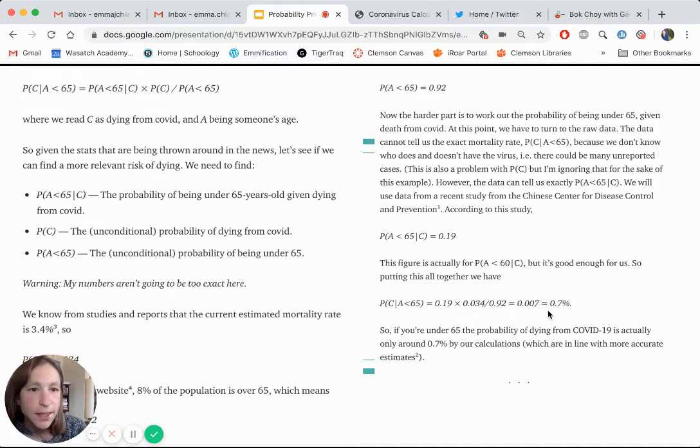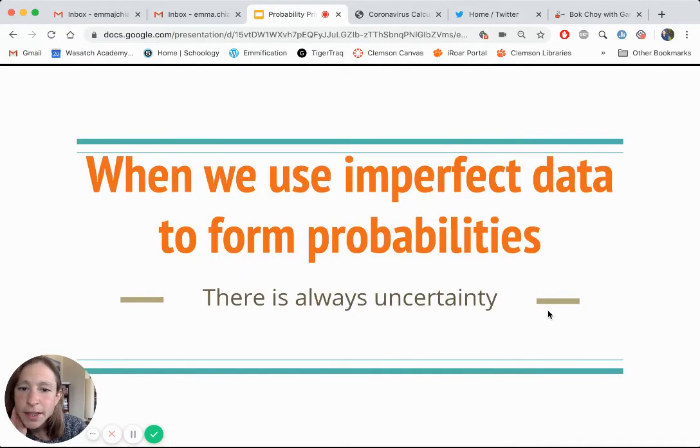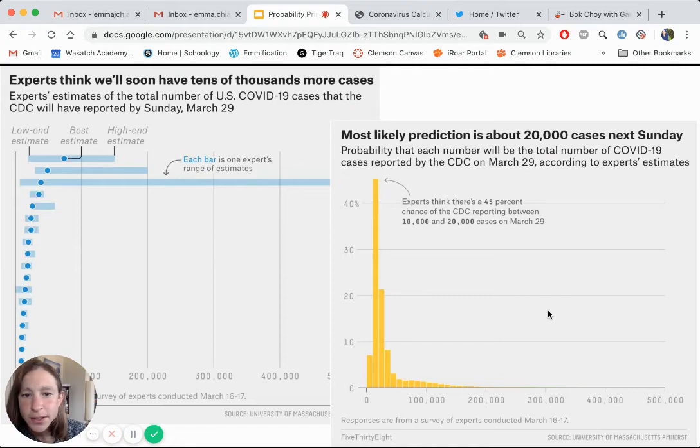If this were over 65, you would end up with something a lot bigger here. So the last thing that I want to talk briefly about is when we make these calculations, we're using imperfect data. We're not actually getting the true probability of dying from the coronavirus. There's always uncertainty. So each bar here represents a different statistician and the estimate that they came up with for the number of total cases. However, the length of the bar represents how certain they are. So this particular mathematician was really uncertain.